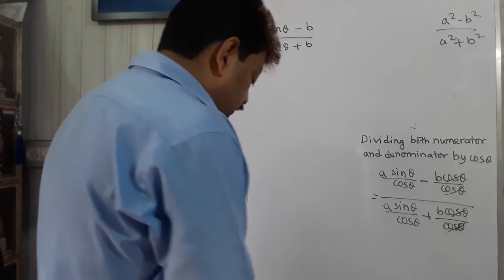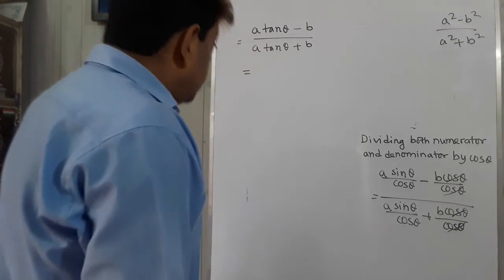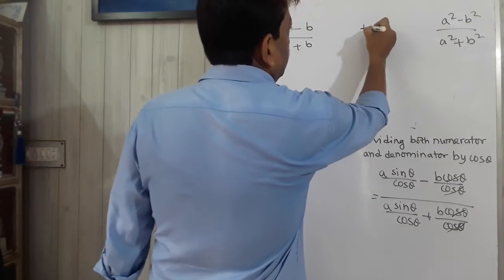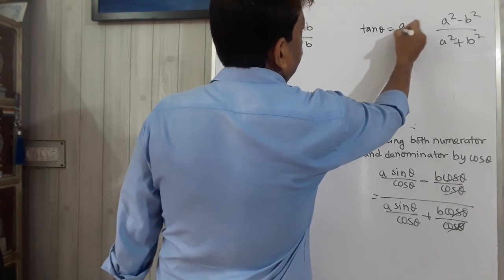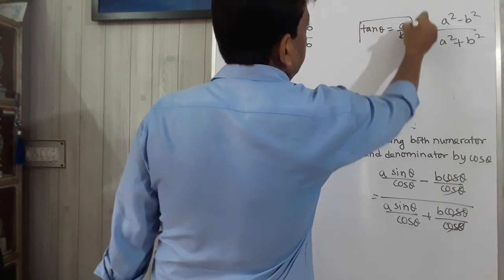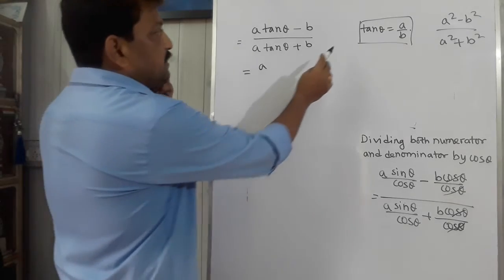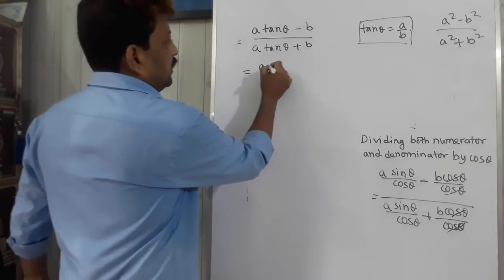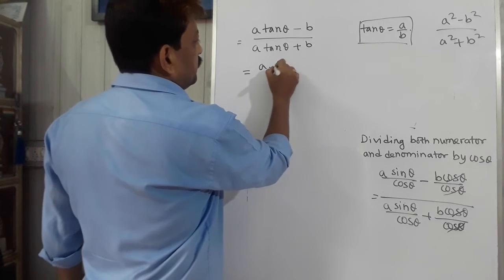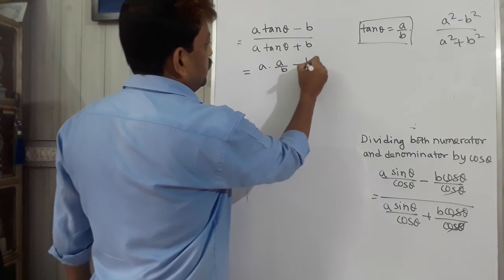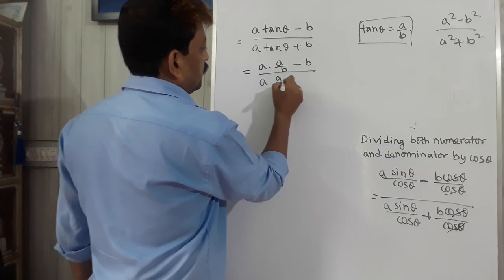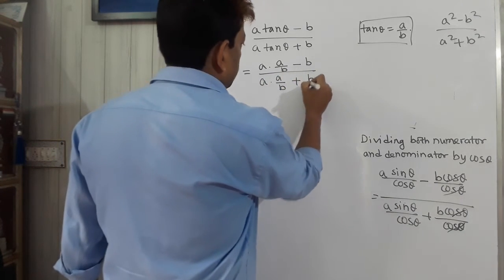Now what is the value of tan theta? It is given as a by b. We have got the value of tan theta as a upon b. It was given in the question. So I am replacing the value of tan theta. So a tan theta is a by b, minus b, plus b.